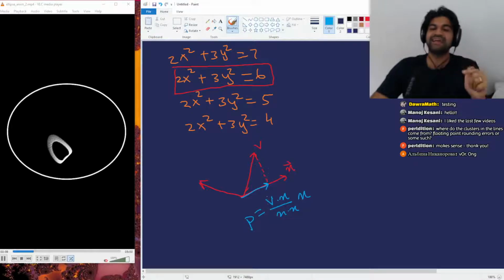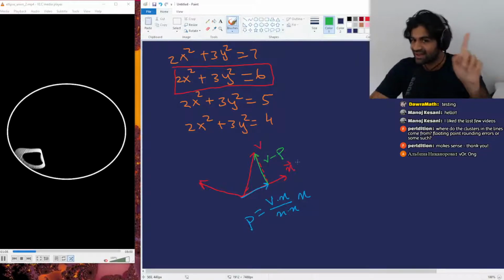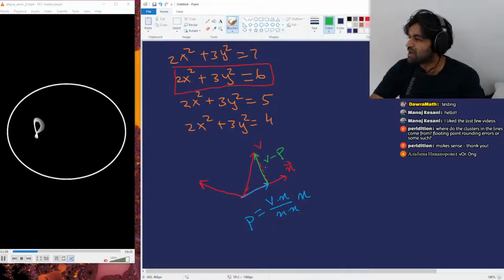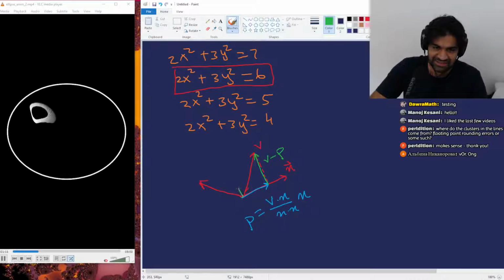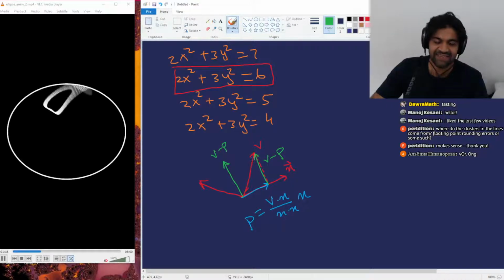If that's p, then this green vector over here is going to be v minus p. As usual, I'm going to draw my vectors starting at the origin.